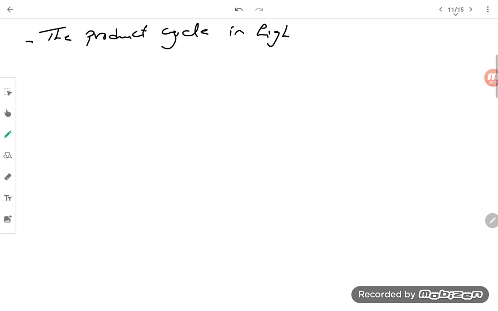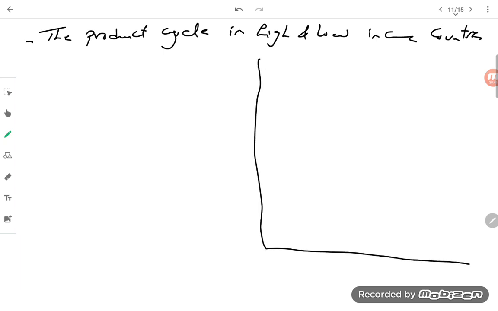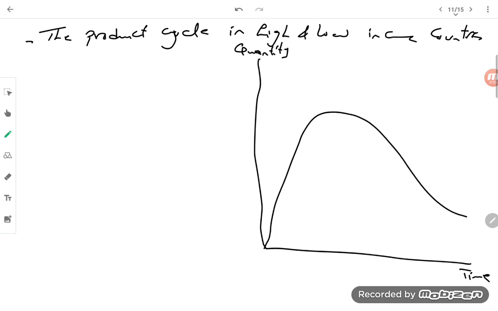So what is the product cycle in high and low income countries? It can be illustrated using this figure. This is time and the quantity. The production passes through 3 different stages. This is production.